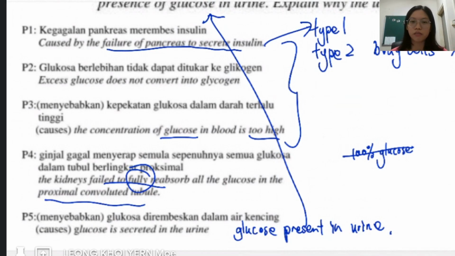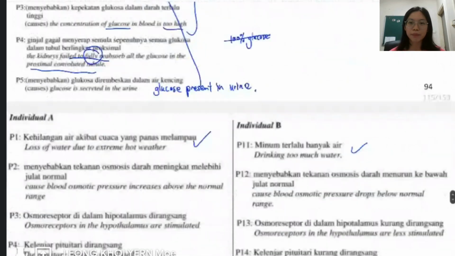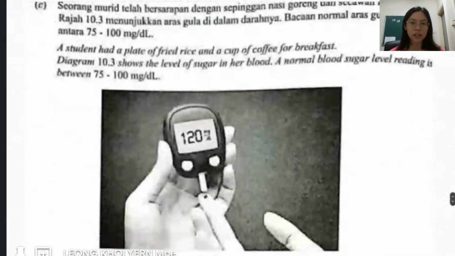And then when it is too high already, the proximal convoluted tubule really cannot fully absorb it, so unable to fully reabsorb, causing the glucose to be secreted in urine. And last but not least is basically this glucose test.